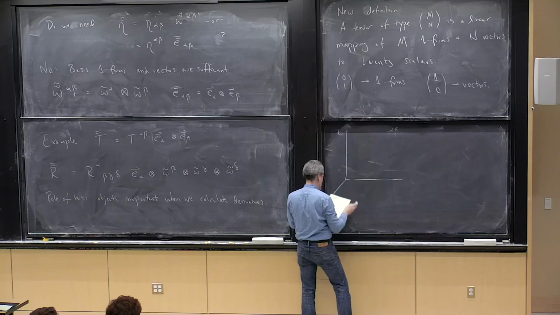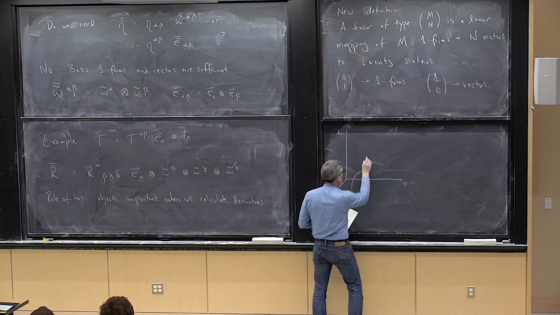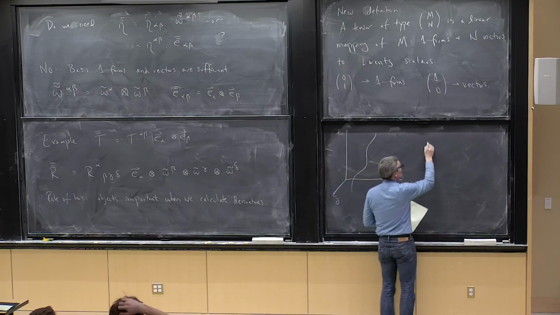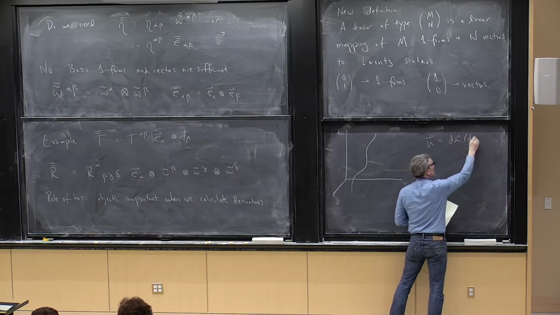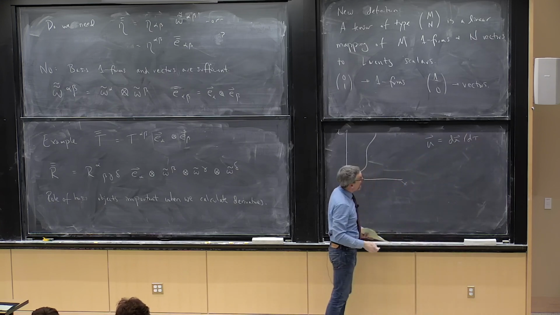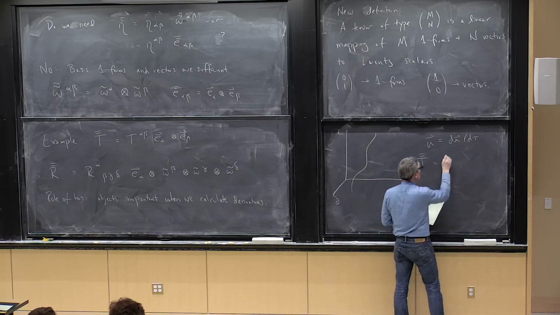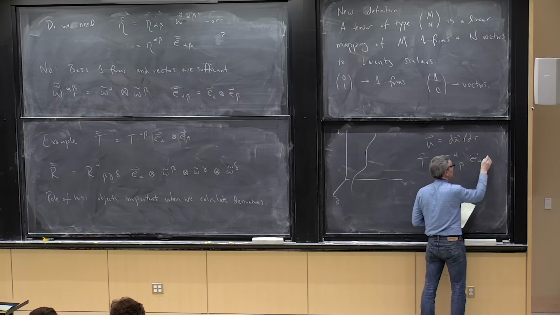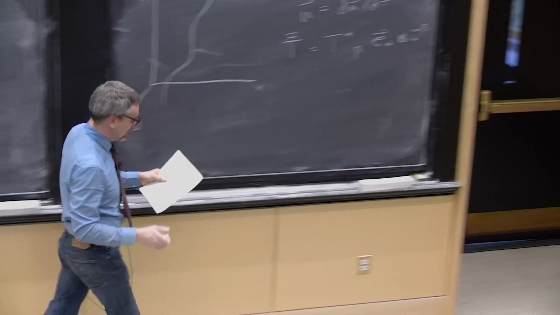So here's t. Say this is the y direction, this is the x direction. Here's my observer moving through all this. And again, I'm going to say that this trajectory is characterized by a four-velocity, dx d tau, and I'm going to imagine that there is some tensor field that fills all of spacetime.